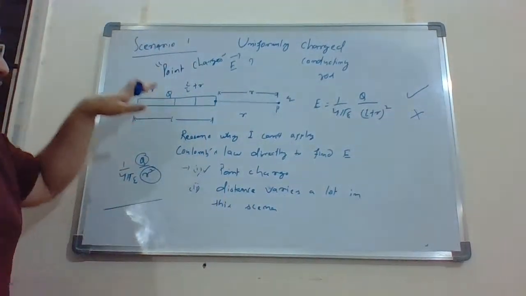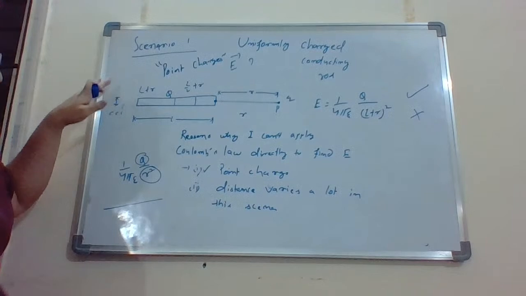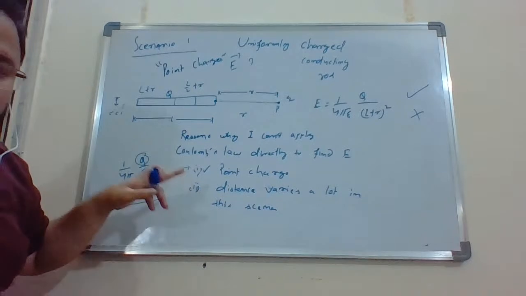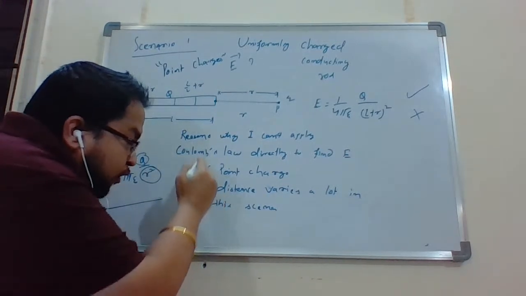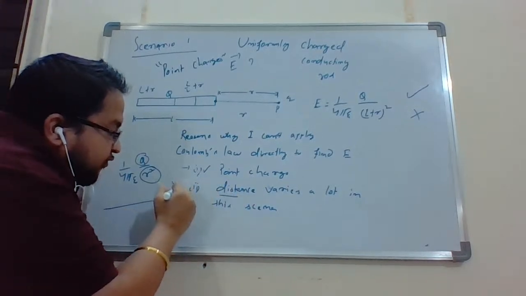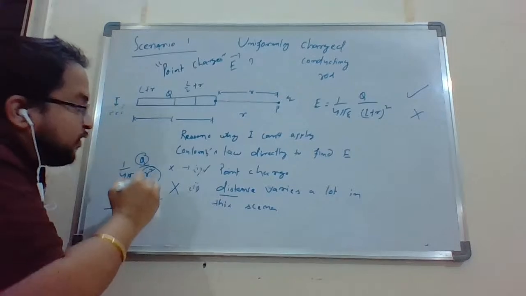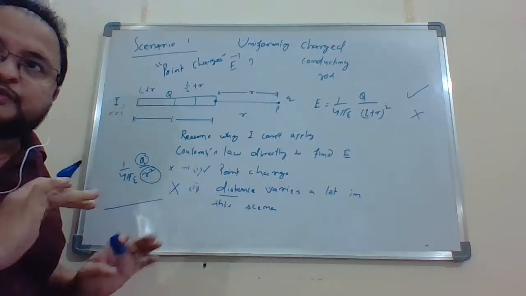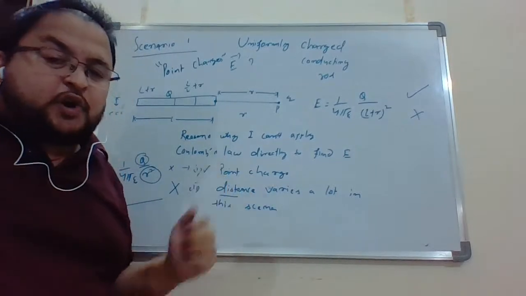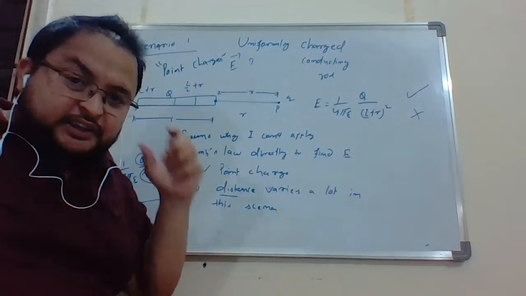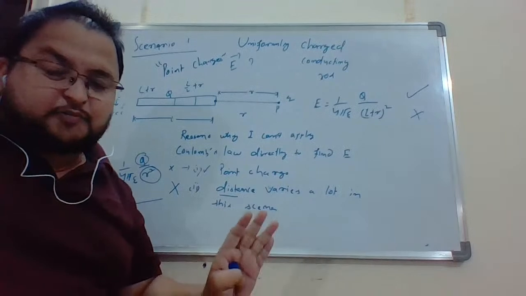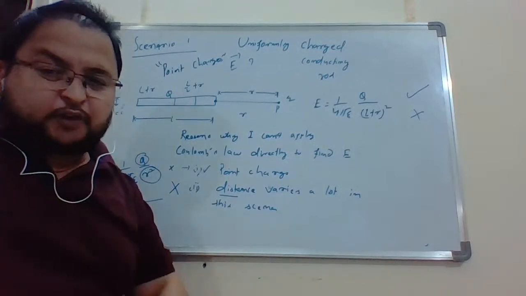In the next few minutes, we will see how we eradicate these problems, how we nullify this problem and this problem so that I can apply Coulomb's law directly. That is the key. If someone has understood what I have said in the last few minutes, trust me, students, apart from the complications of integrations in mathematics, it would be a cakewalk for you.